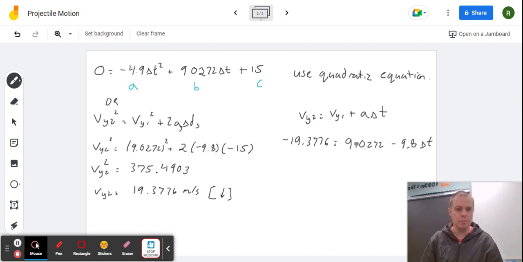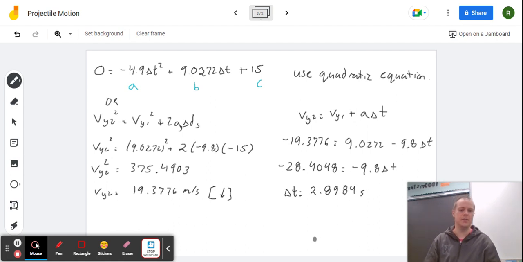Okay, so we move this 9.0272 to the other side, and we get negative 28.4048 equals negative 9.8 delta t. So we divide that through, and we get that time is 2.8984 seconds.